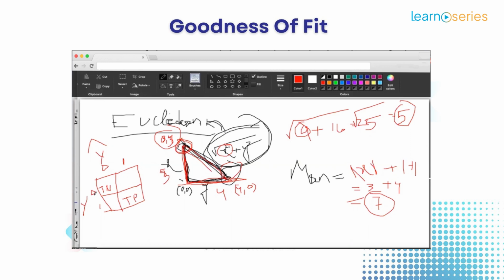This quadrant is true positive: actually it's positive, y equal to 1, and your y pred is also 1. This quadrant is false positive, falsely predicted positive.